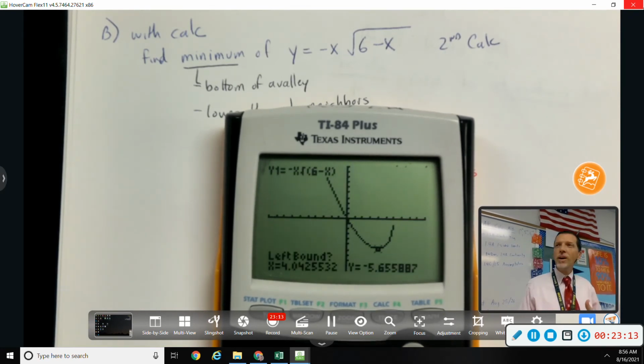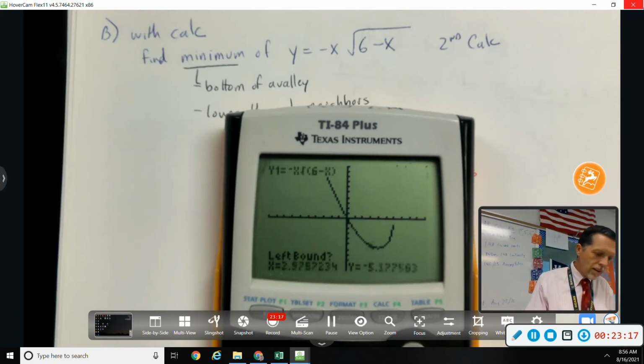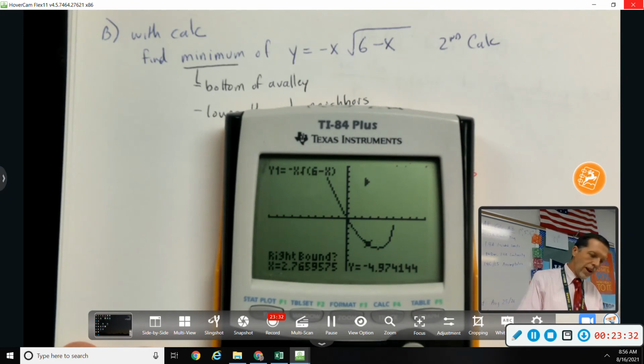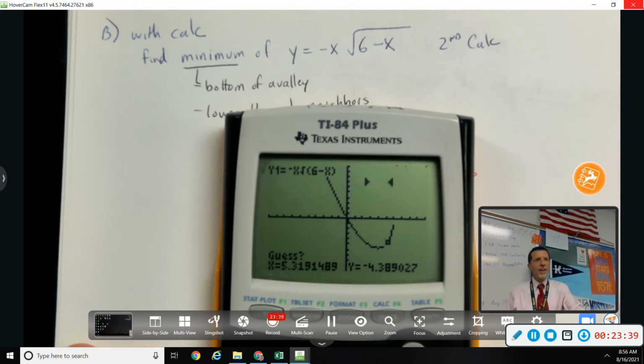So left bound means get to the left of the minimum. So get to the left of it somewhere. Doesn't really matter where. The tighter your window, the quicker your calculator does it, but it happens in milliseconds, so it doesn't really matter a whole lot. Press enter. Right bound, so get to the right of the minimum, so somewhere on the right hand side. And press enter. And then it asks for a guess.